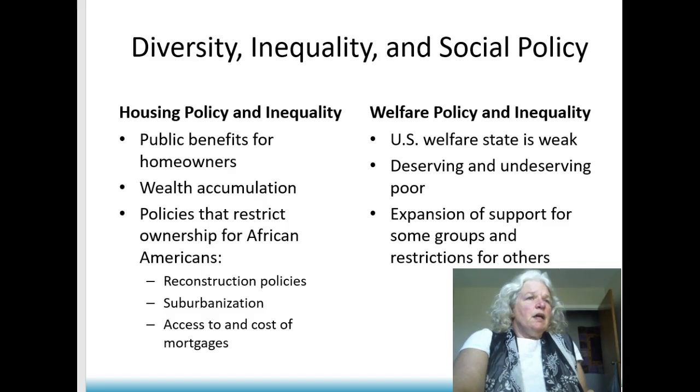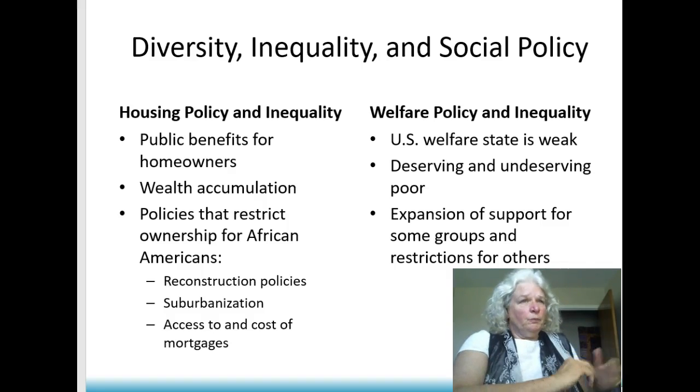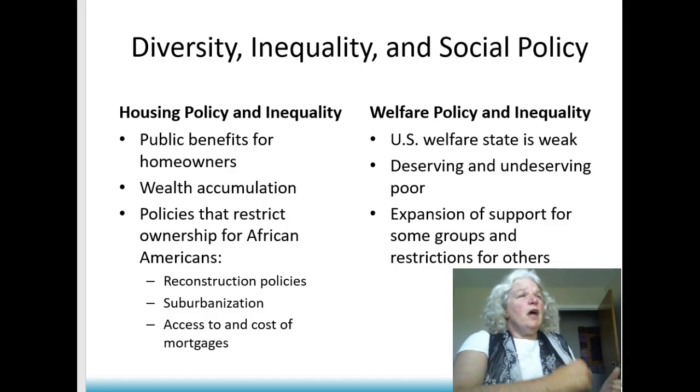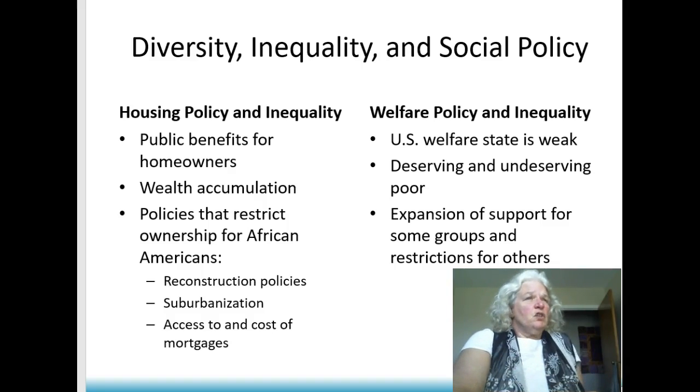And we can see that with welfare policies and inequity or inequality, the United States has a very weak welfare state. We think of ourselves as highly a welfare state and significant in the process of who gets welfare. But we really have this deserving and undeserving poor, that we believe that disadvantaged people haven't worked hard enough to get there.